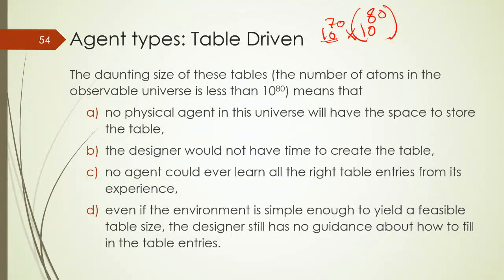A physical agent with that design wouldn't be timely, and even if the environment is simple enough to yield a feasible table size, the designer has no guidance about how to fill the table in. And as I said, in some cases we don't have one single possible output. You have to decide which one is better.